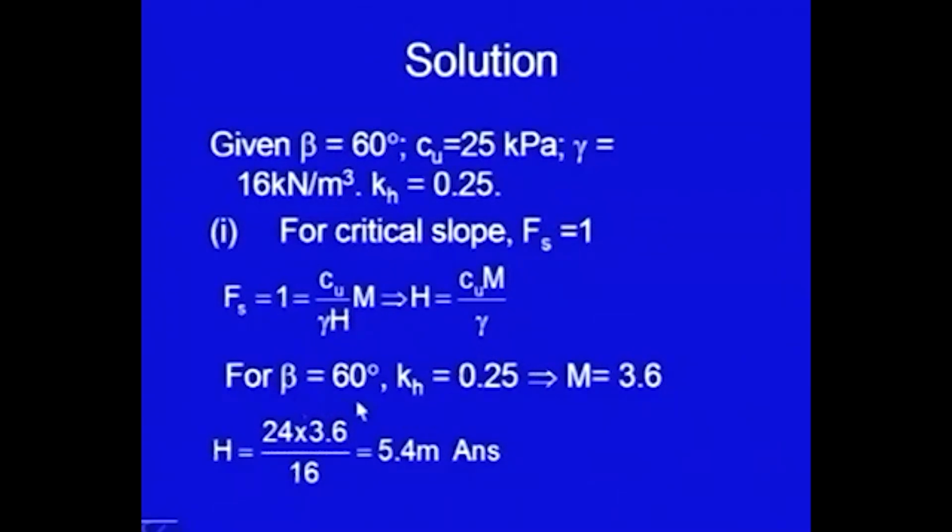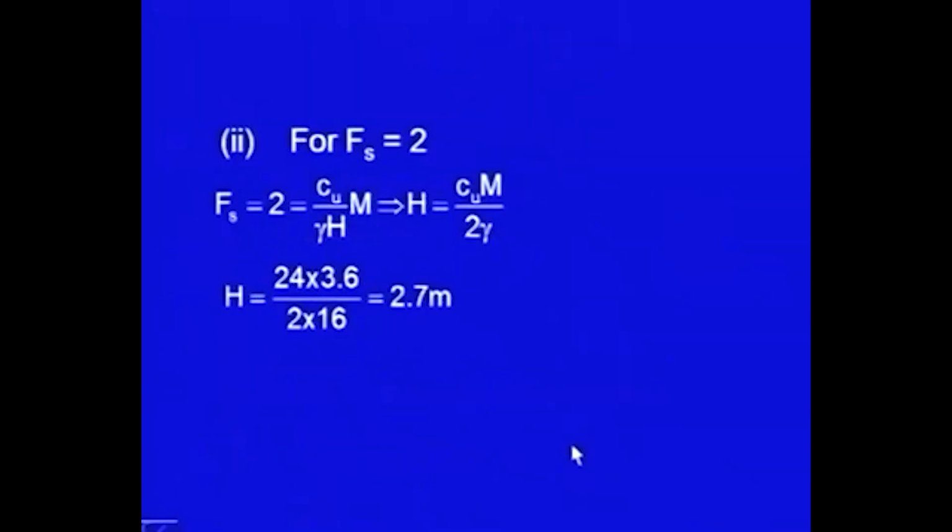For beta equal to 60 degree and kh equal to 0.25, I have previously shown you the curves, and for beta equal to 60 you can directly get the value of m. Beta is more than 50 here, so it is the toe failure case. So, m is equal to 3.6. When you put it in this equation, you will straightway get 5.4 meter. This is the answer. So, this is a very convenient tool.